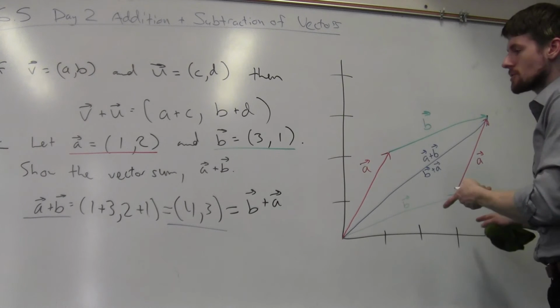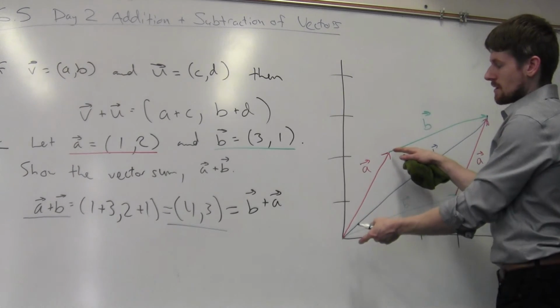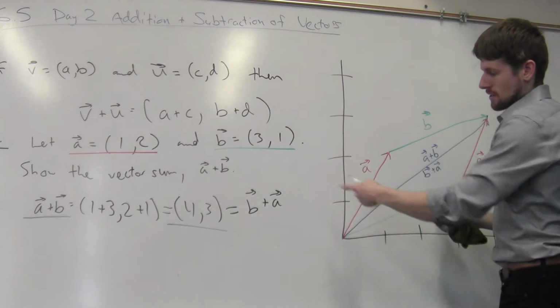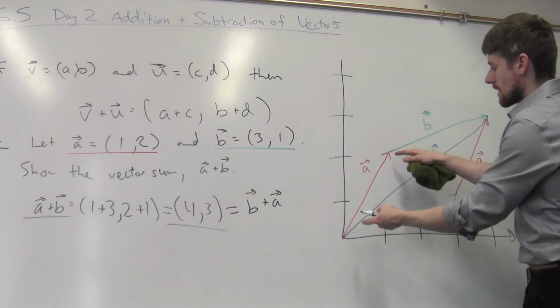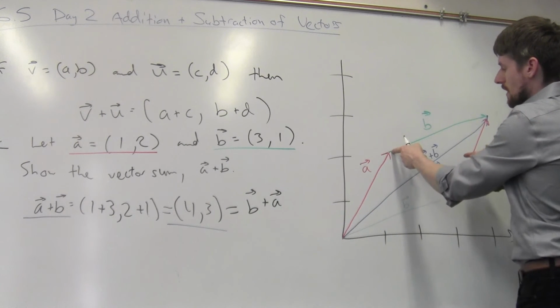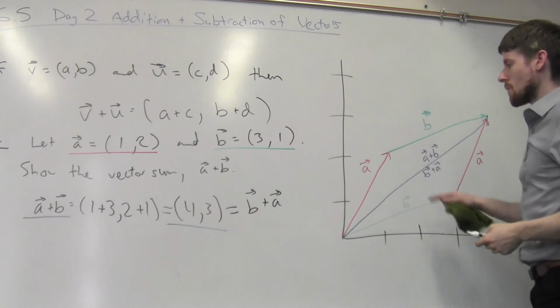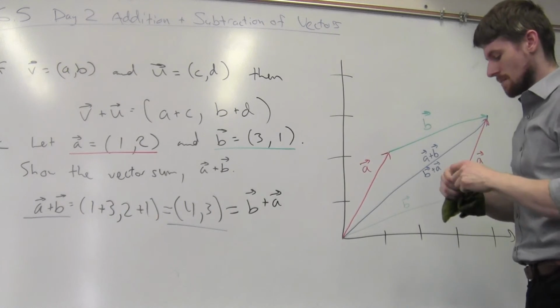So the graphic approach to adding vectors is to draw the first vector, or the second vector actually, because you can do it in either order, but draw the first vector, and then draw the second vector with its initial point at the endpoint of the first vector. And then where you end up from there is the vector sum.